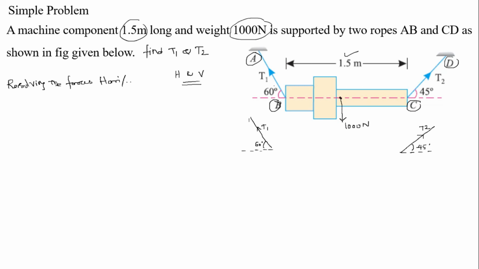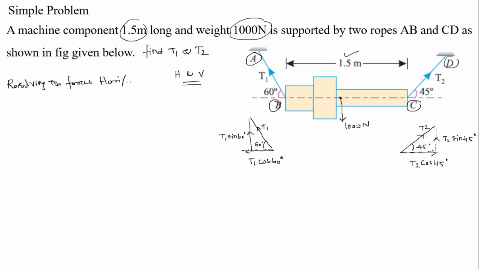Draw a vertical line, this is upward. Similarly draw a line, this is upward. The opposite force is T2 sine 45-degree, and similarly T1 sine 60-degree. The horizontal force acting this side is T1 cos 60-degree, and similarly the horizontal force acting this side is T2 cos 45-degree.